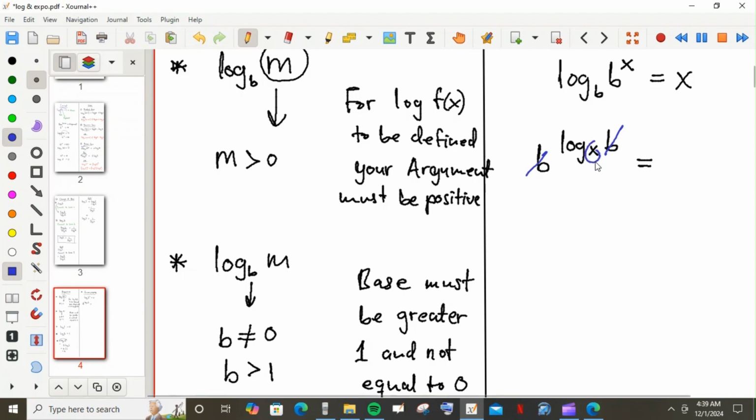The x. So the x will come here. Don't add a logarithm to it.